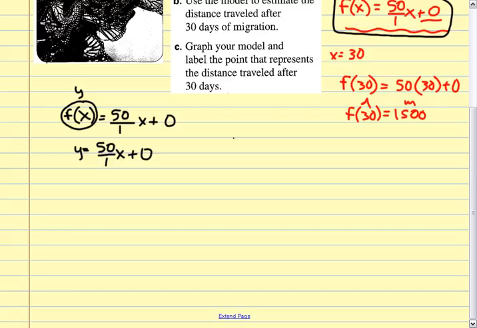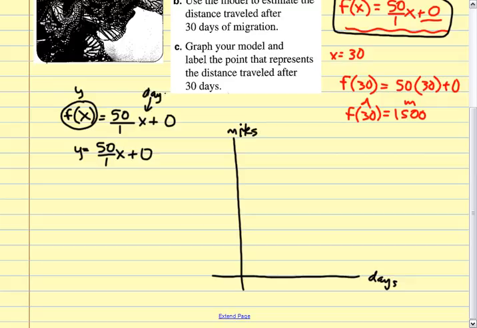So I'm going to draw my x and y-axis, sort of like this. And in fact, I'm going to call this days and this miles. And that makes sense, right? Because we plug in the number of days here for x, days, and then the miles, y is equal to the miles, or f of x is equal to the miles, okay?